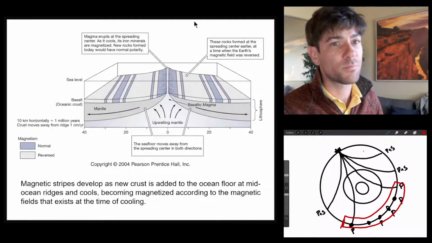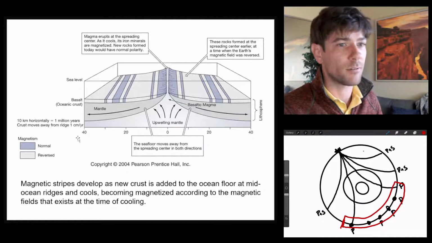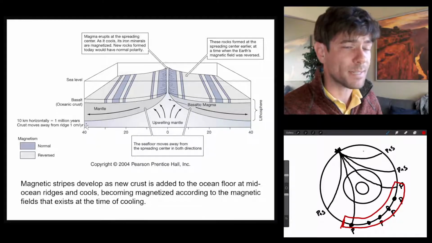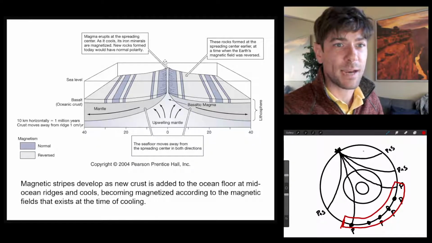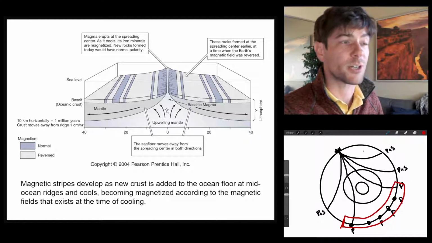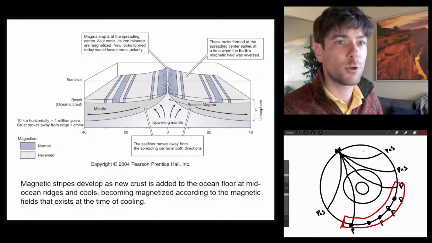Okay, and so this is a conceptual figure of this Vine and Matthews argument. It looks like this. We have a mid-ocean ridge in the center here, and the crust is moving away from the ridge in both directions, right? New ocean floor is being created at the ridge as magma erupts.